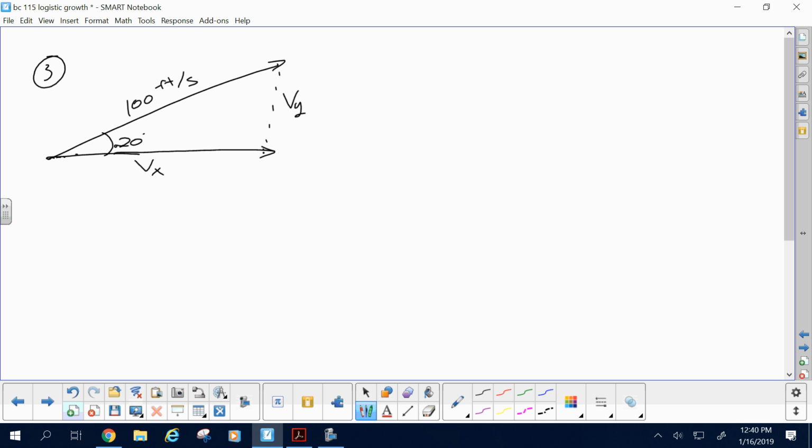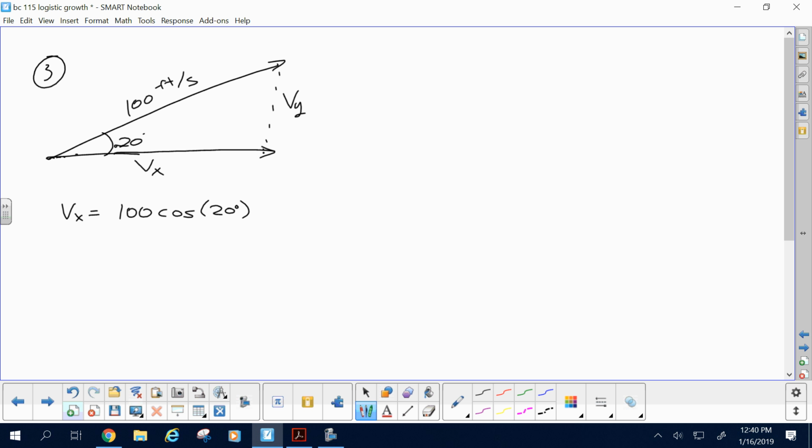And yes, the vertical velocity is definitely dependent on gravity, but the horizontal is not. Just think basic trig. I could use a cosine. So v sub x, or the horizontal component, is 100 cosine 20. I don't know why he's throwing degrees in there, but it is what it is. So put your calculator in degree mode. And that's the horizontal component.